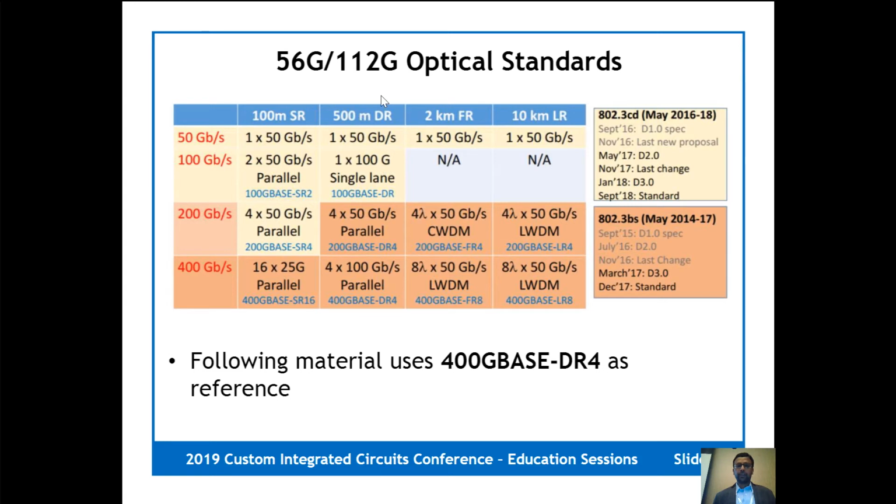The categorization here, similar to the XSR VSR categorization on the electrical side, is 500 meter is DR, 2 kilometer is FR far reach, and then 10 kilometers long reach.